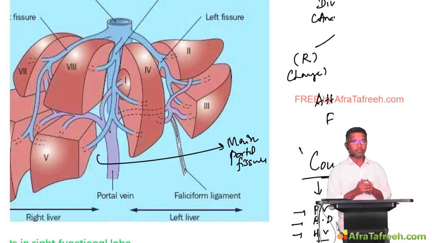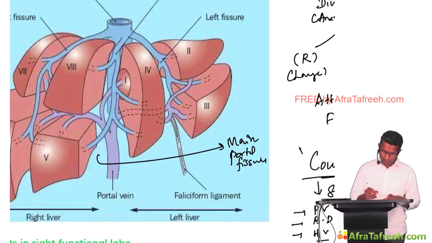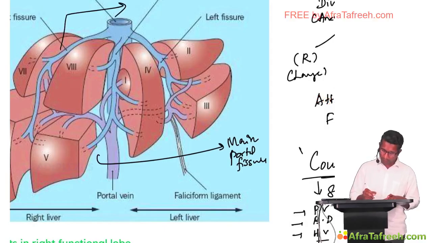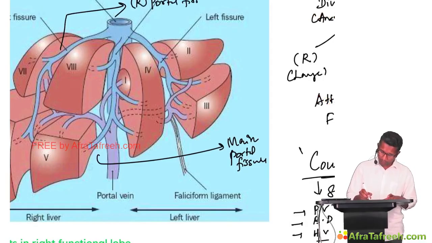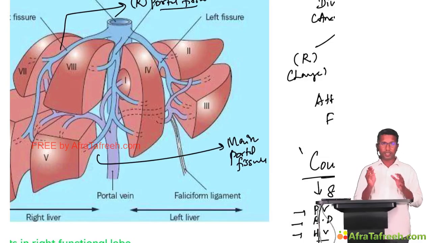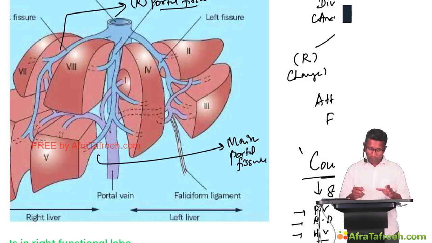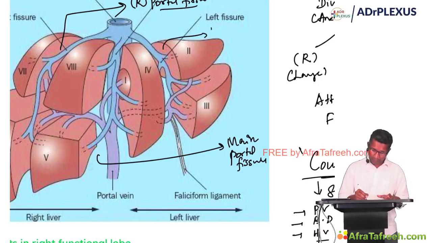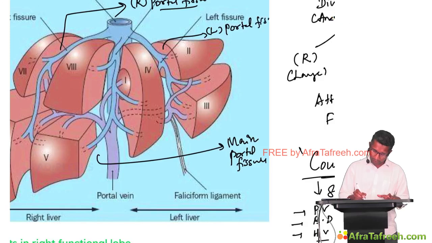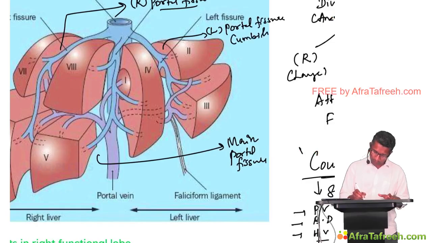Now the right lobe is further divided by the right portal fissure. The right portal fissure divides the right lobe into two segments, and the left lobe is divided by means of the left portal fissure, which is also called the umbilical fissure.